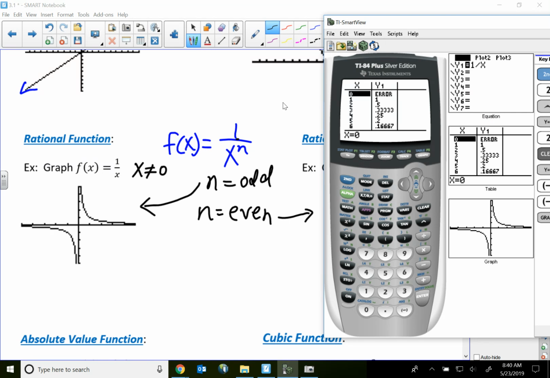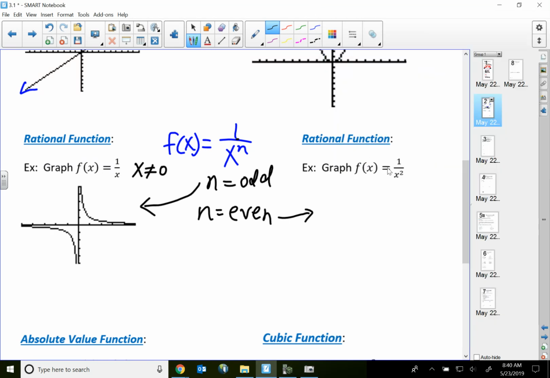So by looking at this 1 over x squared, my denominator can never equal 0. So all I'm going to do is set my denominator not equal to 0 and solve for x. If I take a square root on both sides, I should get positive and negative 0, which means x still cannot equal 0.